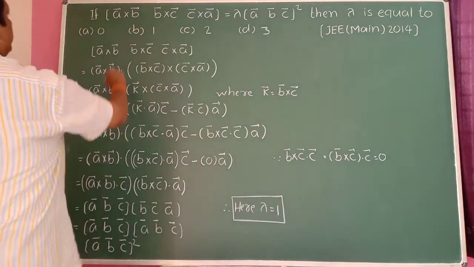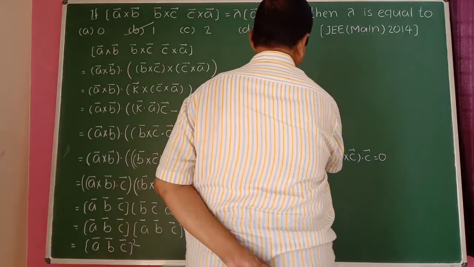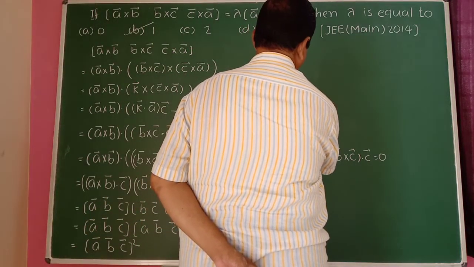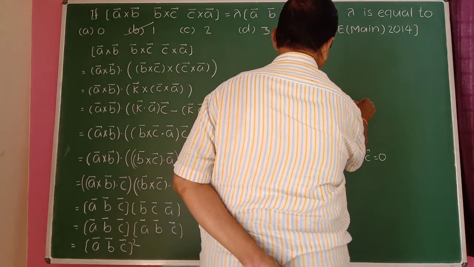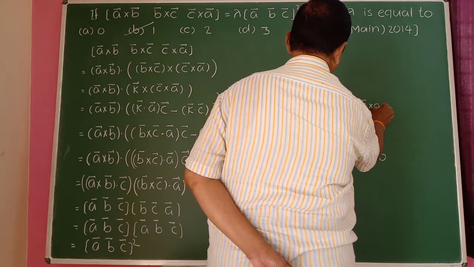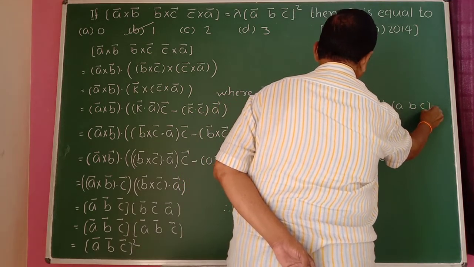So the answer is B. This is a standard result, remember it: A bar cross B bar, B bar cross C bar, C bar cross A bar is equal to [A bar, B bar, C bar] squared.